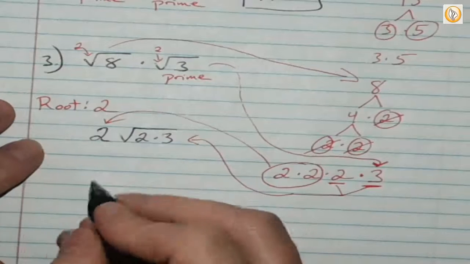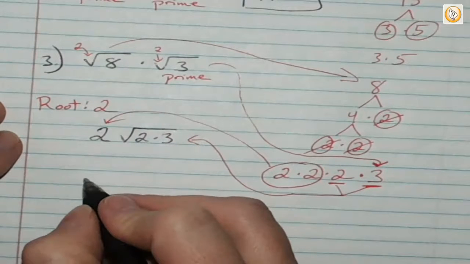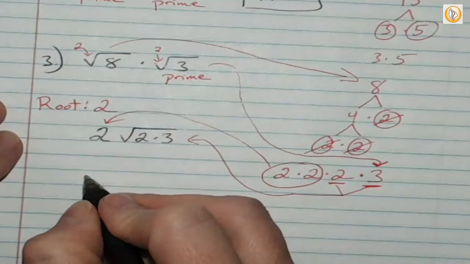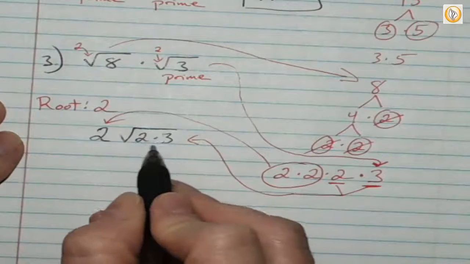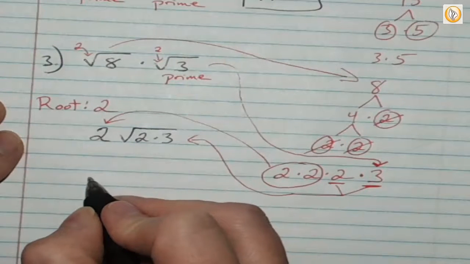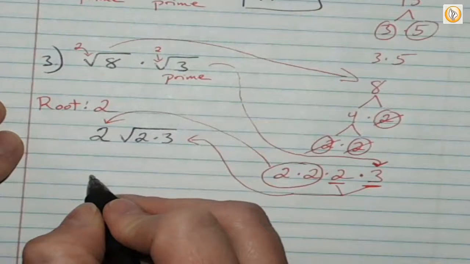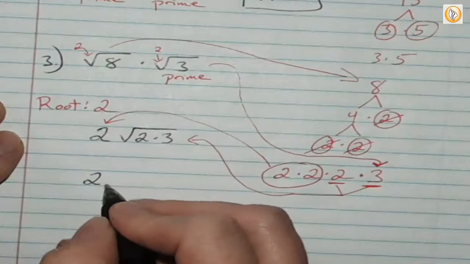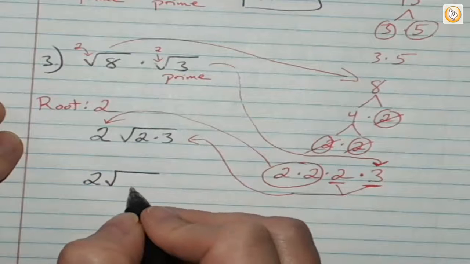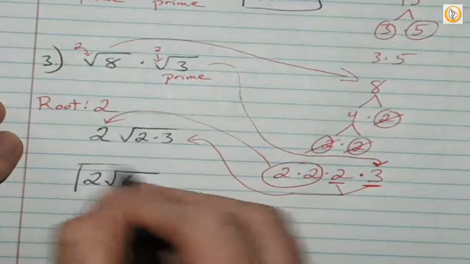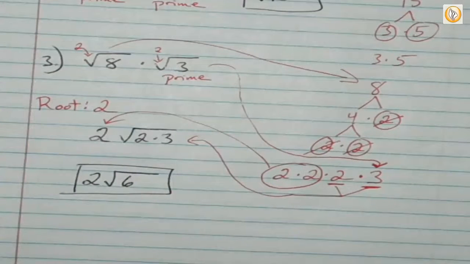So then my answer is what, Valeria? What is it? Okay, so what's my total answer? 2 times what? The square root of 6. Wake up, Valeria. There's your answer.